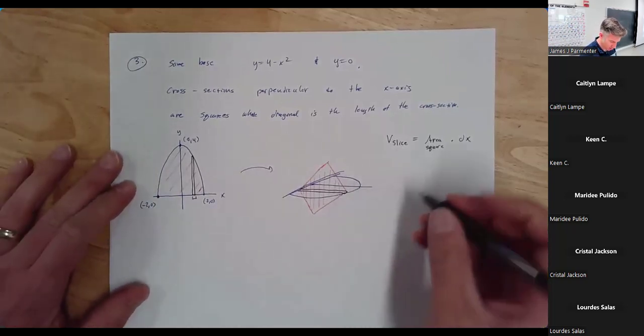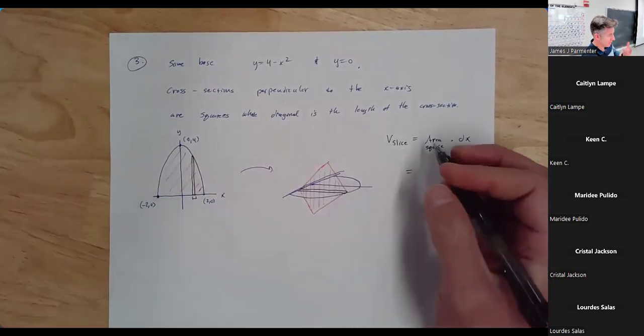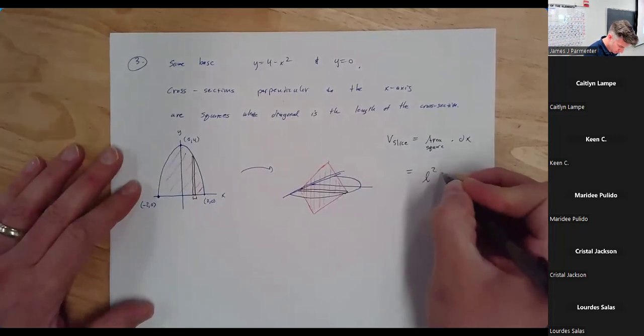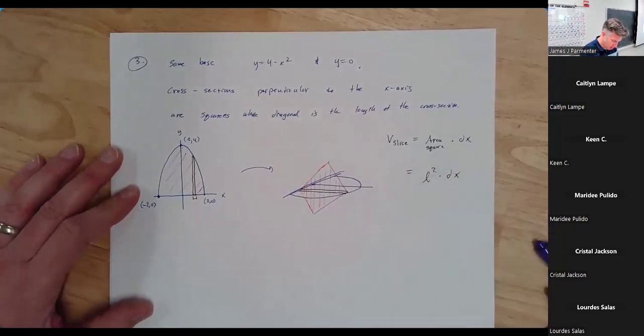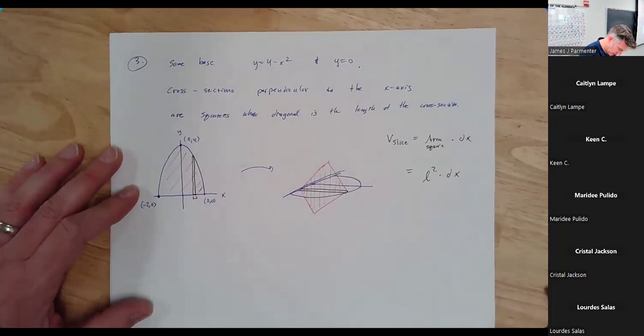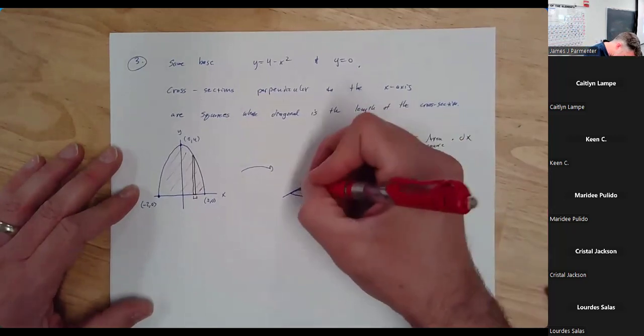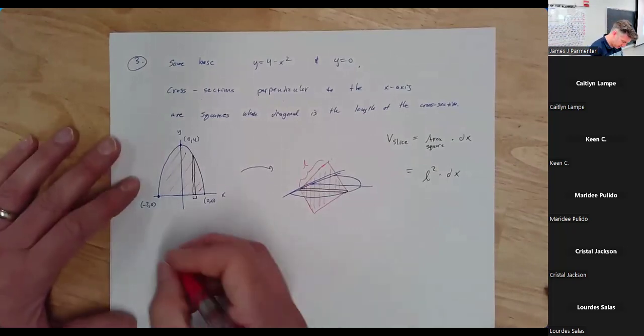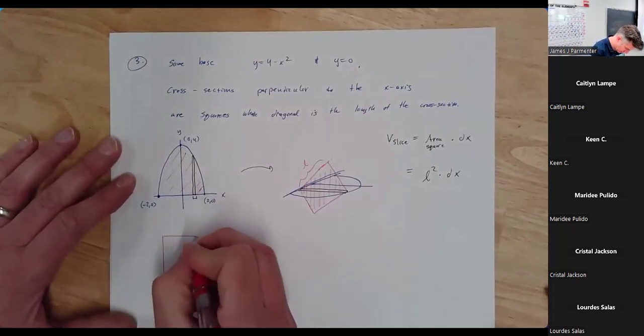Now, the area of my square, well, I always like to start out generically with these types of problems, meaning I know the area of a square is just the length of the side squared. Which means I'm calling this side out here in space the length. Okay, well, let's actually draw the square down here.